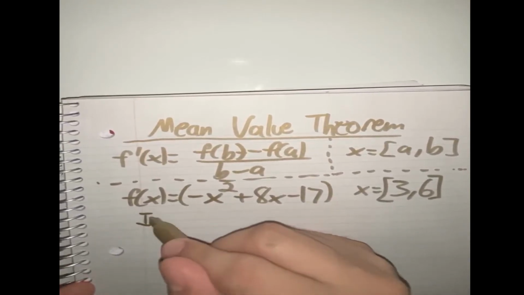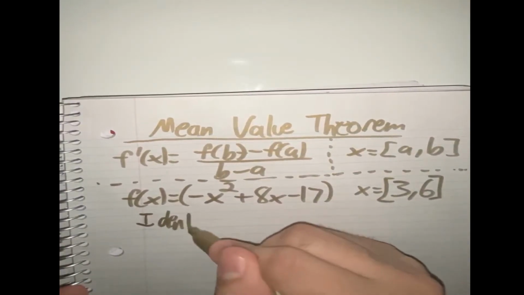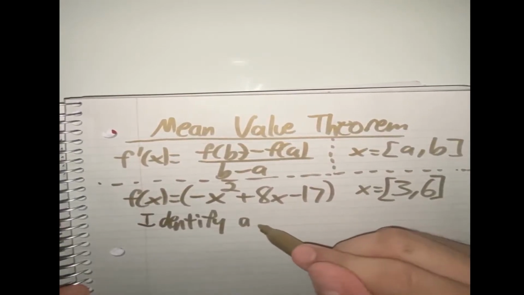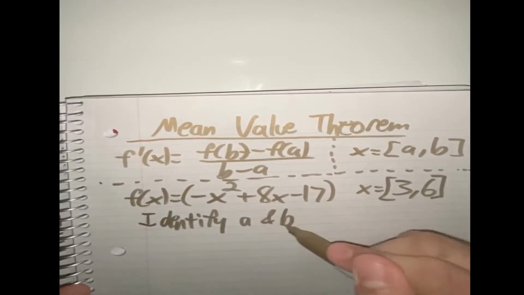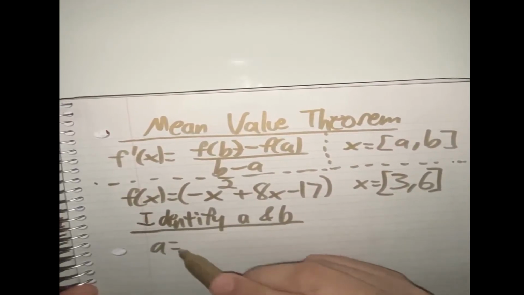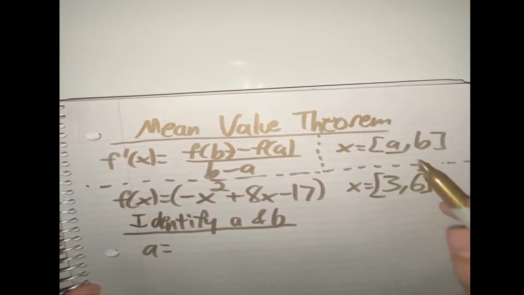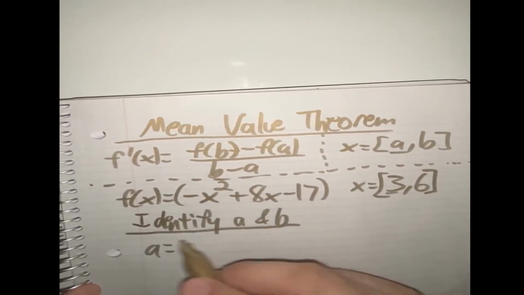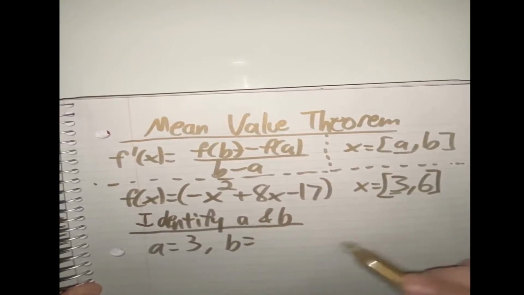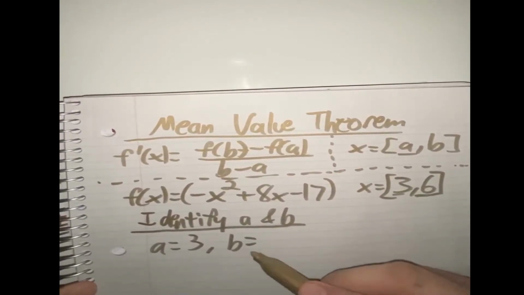So we have to identify a and b. Our a is the first term inside our x interval, which is 3, and our b is the second term, which in this case is 6.